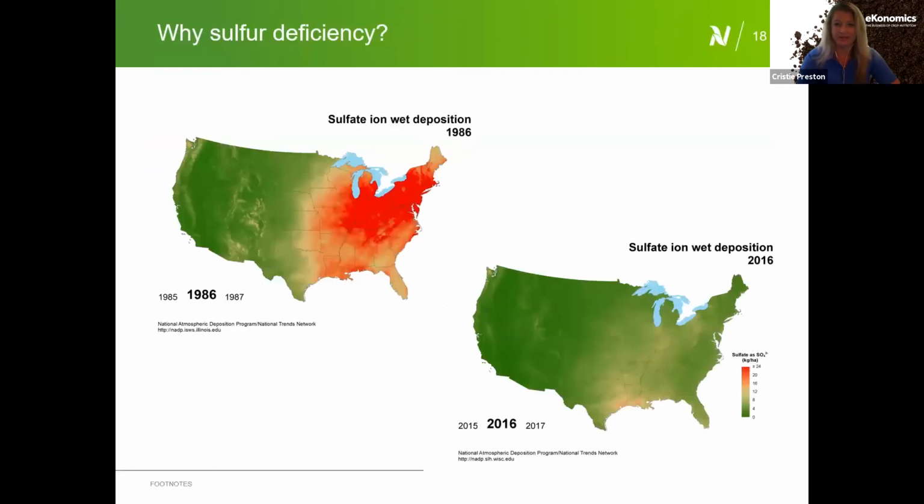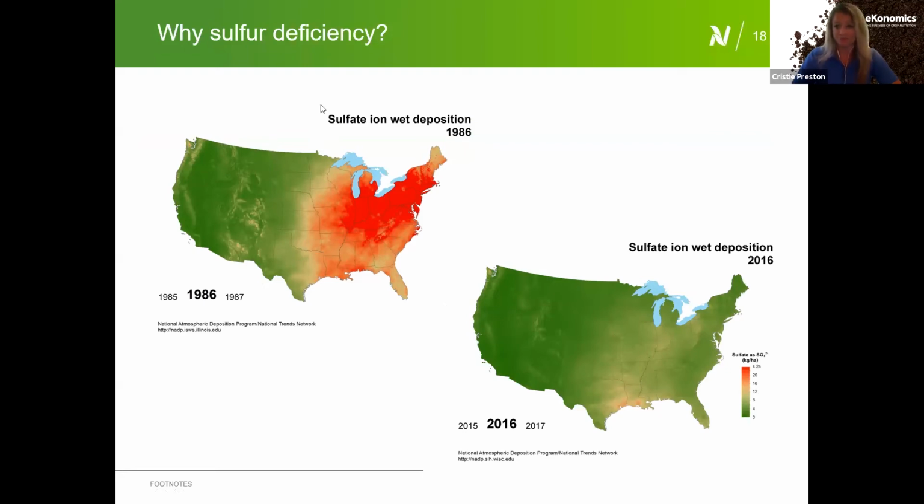So back in 1986, you can see here on this map, we're talking about widespread red areas with 20 kilograms per hectare of wet sulfate deposition. Now that was enough to meet crop needs.